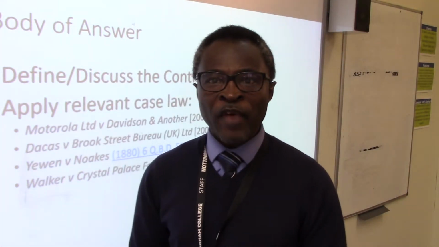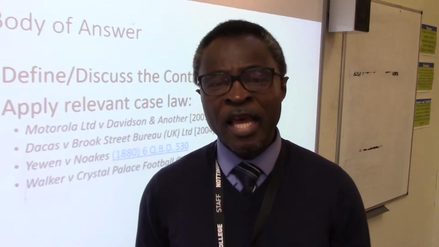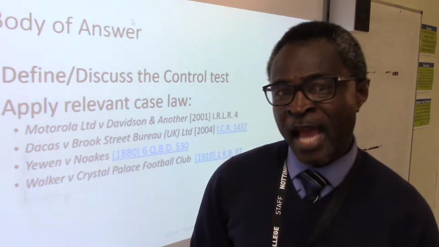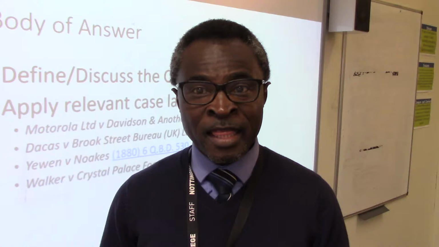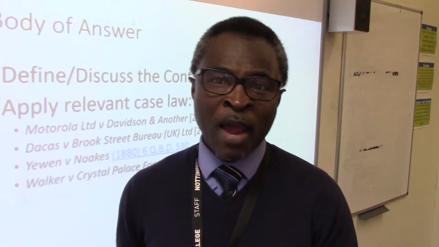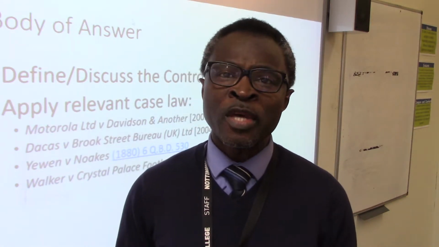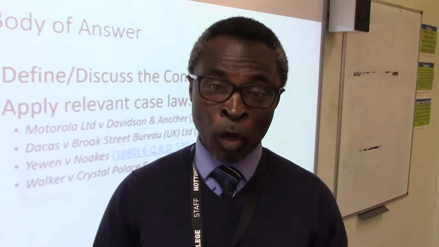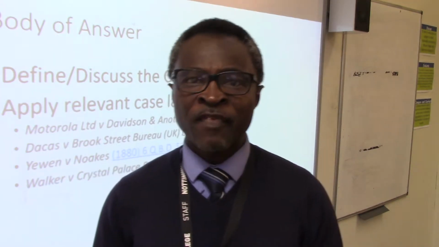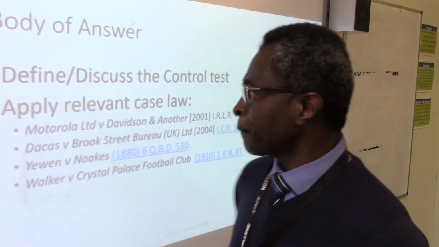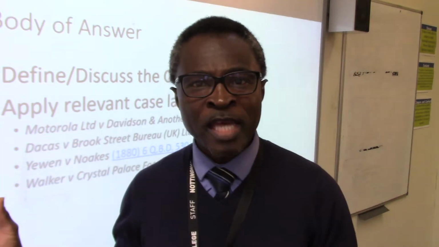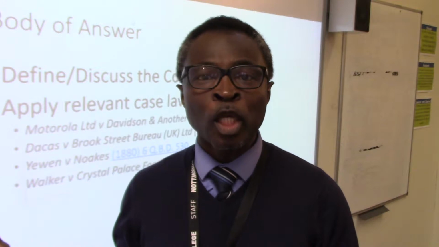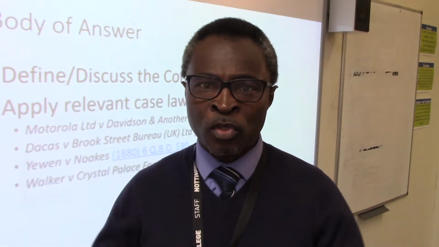Now, once you've explained who a servant is, the most important stage next will be to explain the different tests available, bearing in mind that the question focuses on the control test, and then you've got to critically analyse whether the control test alone is sufficient to identify the status of a worker. So explain what the control test is, and that's simply looking at the amount of control that an employer has over an employee.